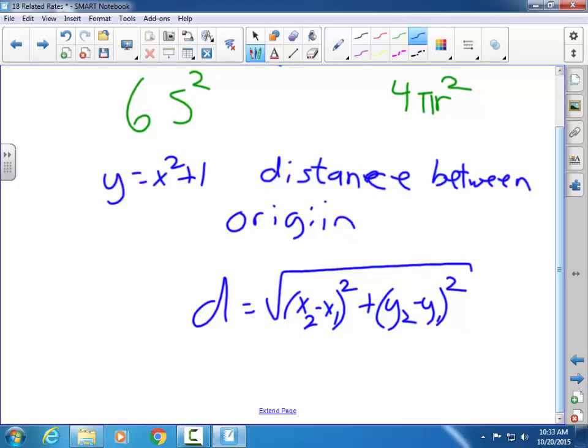That's something called the distance formula that you probably learned back in Algebra 1 or Algebra 2. So that finds the distance between 2 points. And we're supposed to find the rate of change of the distance between 2 points when dx dt is 2. Okay. All right.